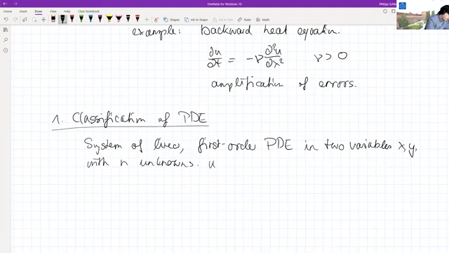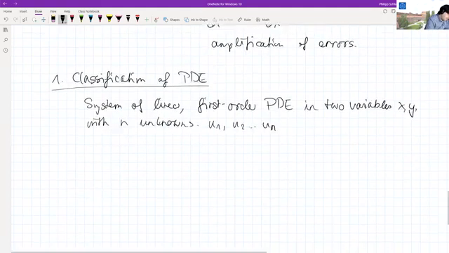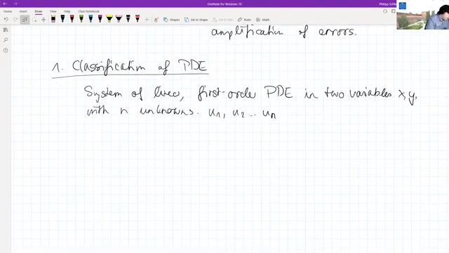And these unknowns are u1, u2, up to un. Of course, this we can write like this: A times du dx plus B times du dy is C.